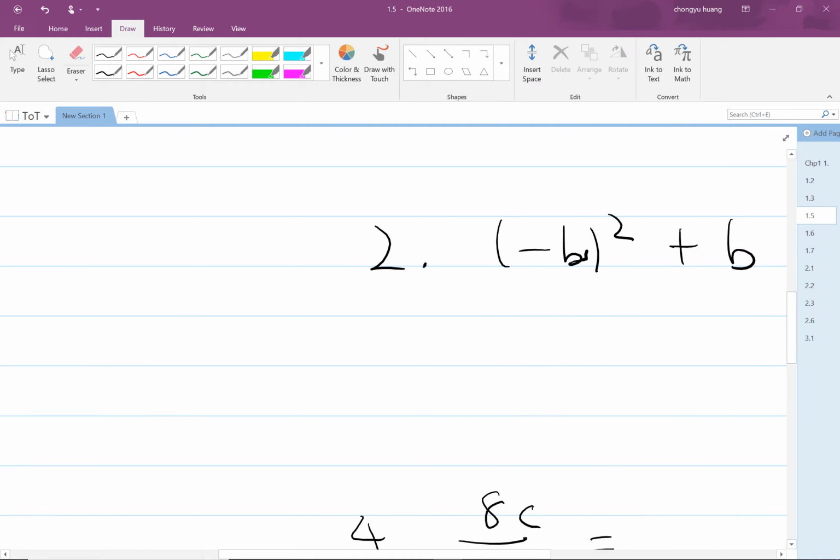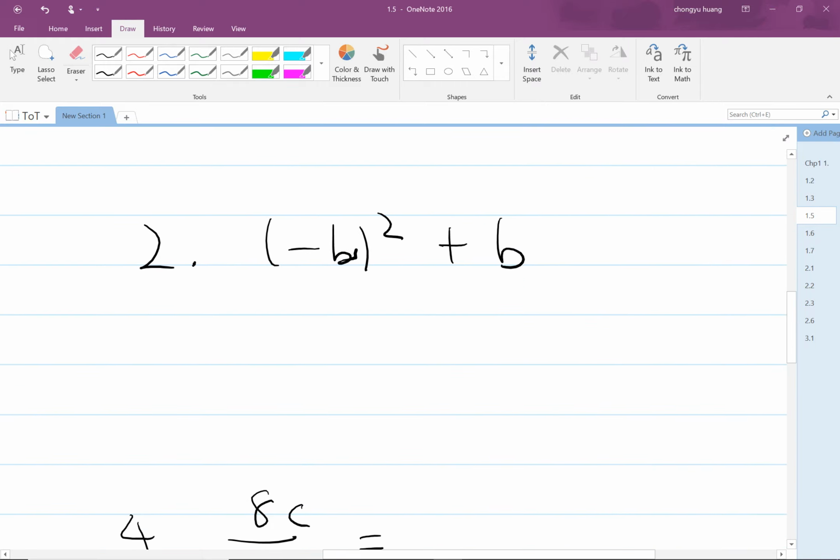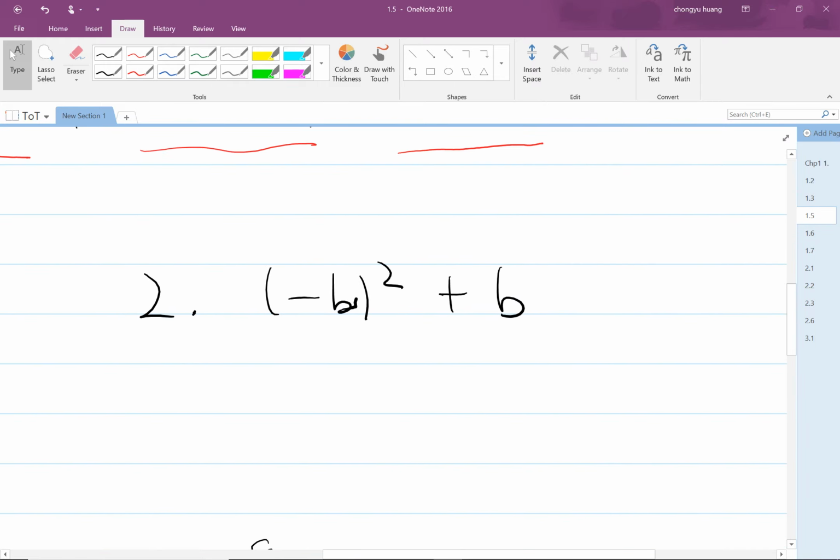Let's move on to question 2. Over here we have bracket -b squared plus b. The only variable here is b, so we just need to plug in b.